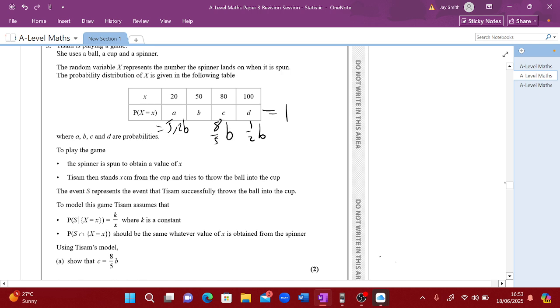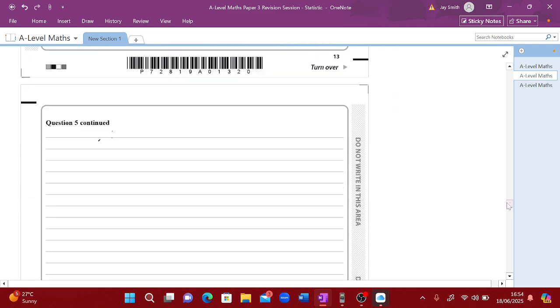And now, all these are the only 4 probabilities, so they have to add up to 1 in total. Well, we can just add all of these, which are now in terms of b, together to 1. So therefore 5 over 2b add b, add 8 over 5b, add a half b equals 1. Was that the values?